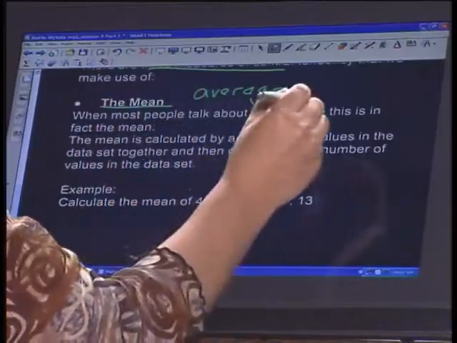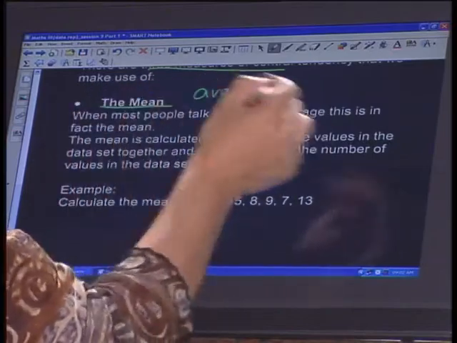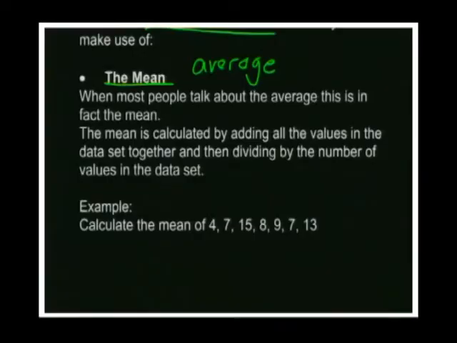So in everyday language, we talk about the mean being average, but in our maths context, we're going to be dealing with the mean. So this is in fact what the notes say. So most people talk about the average, and it is in fact the mean. The mean is calculated by adding all the values in the data set together and then dividing by the number of values of that set.